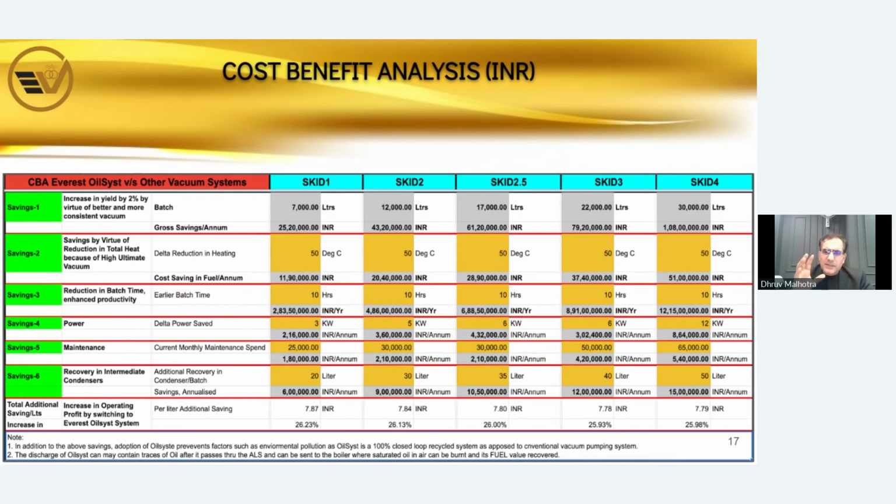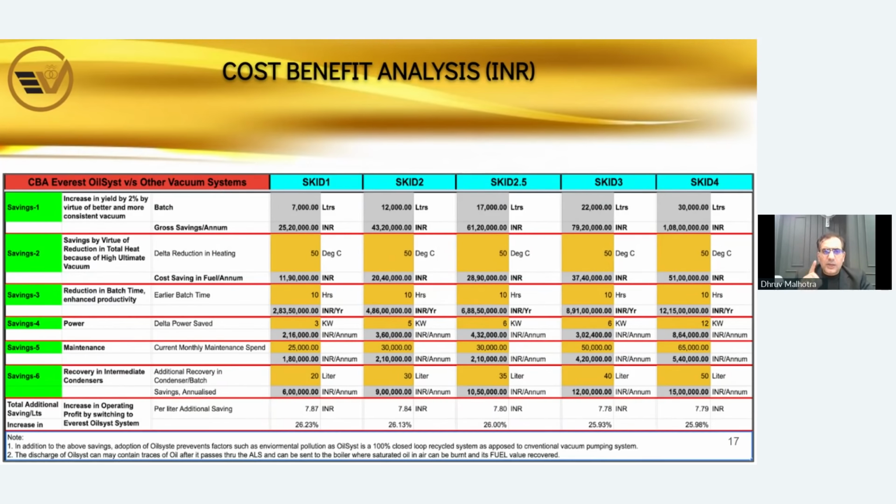When we supplied him this oil-sealed vacuum system, we observed that he was saving money in 6 different categories. I will be covering all of those 6 categories over here. The first saving the customer had was by increasing the yield.